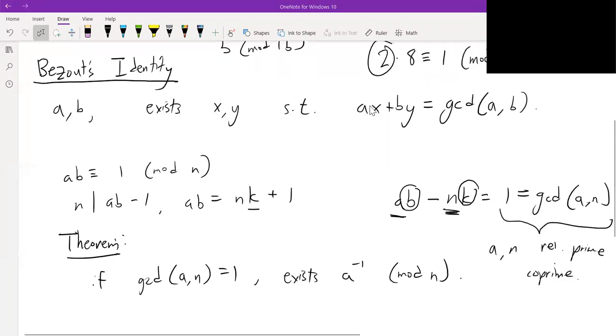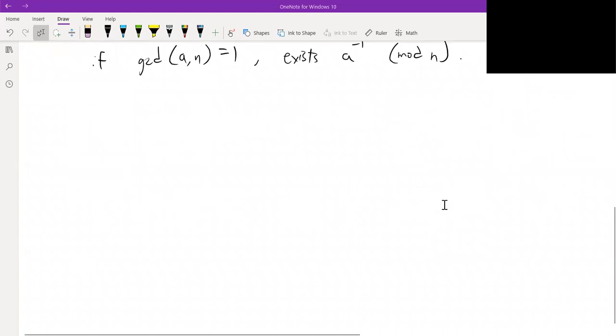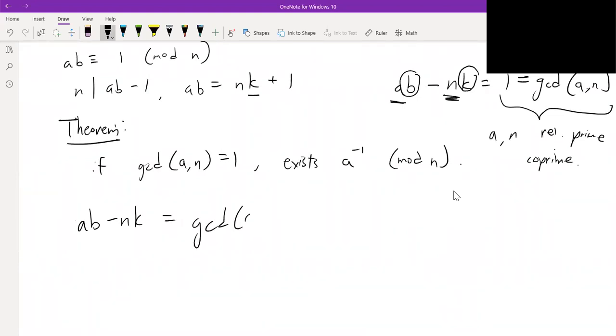Essentially, this theorem tells us when the inverse exists. And if we look at Bezout's theorem, we also get a hint as to how to compute a to the minus 1. From our equation here, we have that ab minus nk is equal to the GCD of a and n.